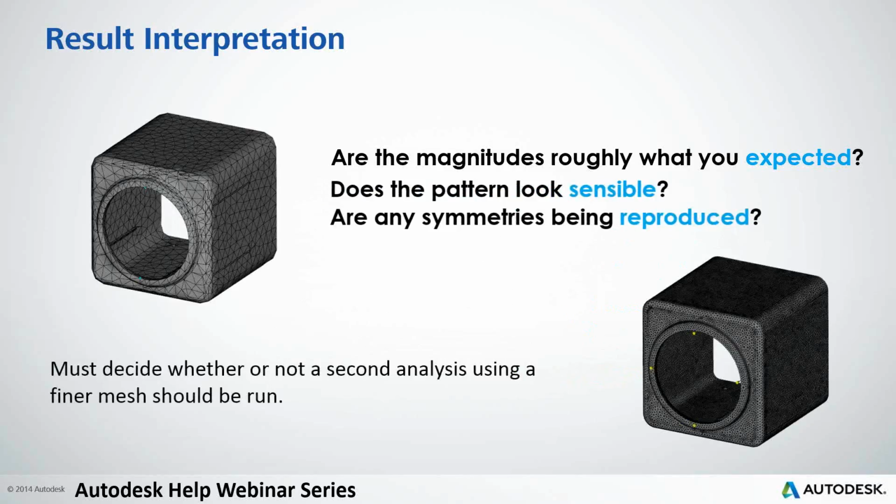And another key idea to keep in mind is, after looking at the initial deflection results that you run, understand that there could be a need to circle back and run another analysis with a finer mesh, because the finer mesh might be able to better capture that deflection in there. And as Beth had mentioned, it also plays on the mesh actually capturing that geometry as well.